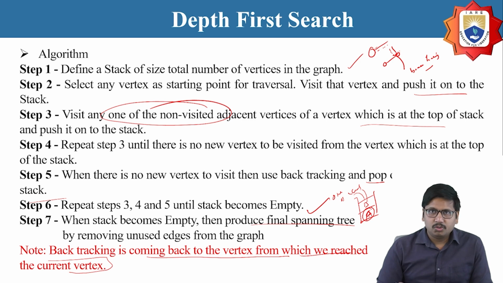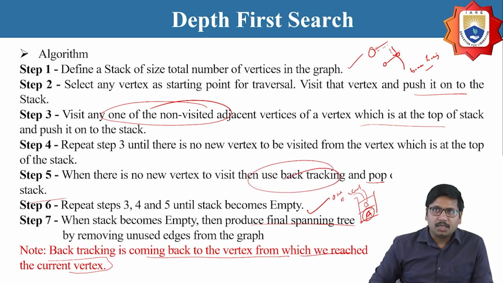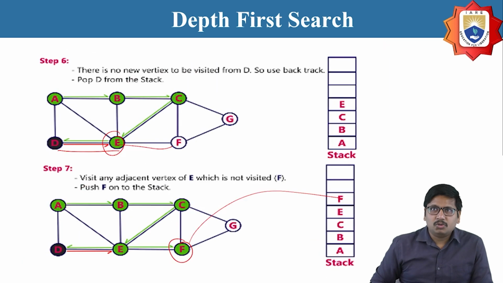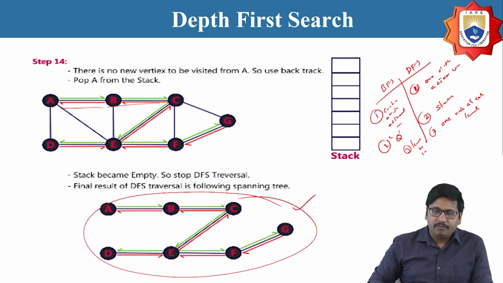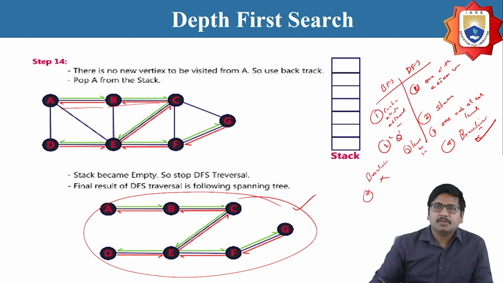Whenever there is no new vertex, we perform backtracking. Backtracking is not performed in BFS, whereas in DFS backtracking is performed.